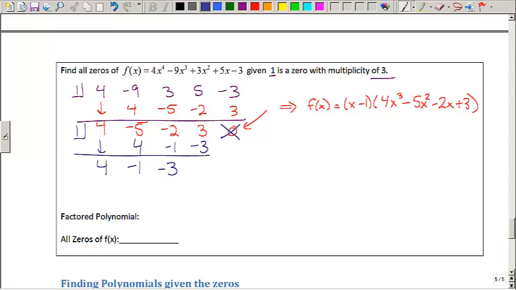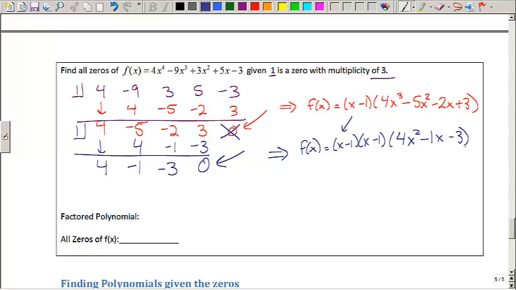Multiply, and negative 3. Look at that, I got another 0, which tells me f of x is equal to x minus 1 from the factor before, times another x minus 1 from the factorization we just did, times the remaining quotient, which is 4x squared. It was cubed, now it's down to squared, minus 1x minus 3.